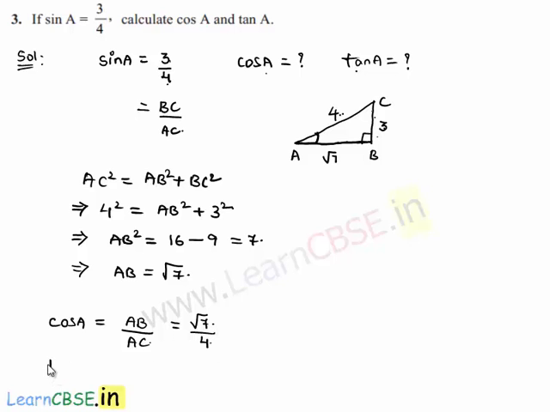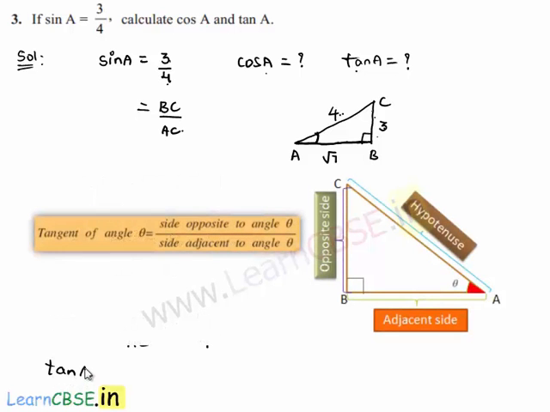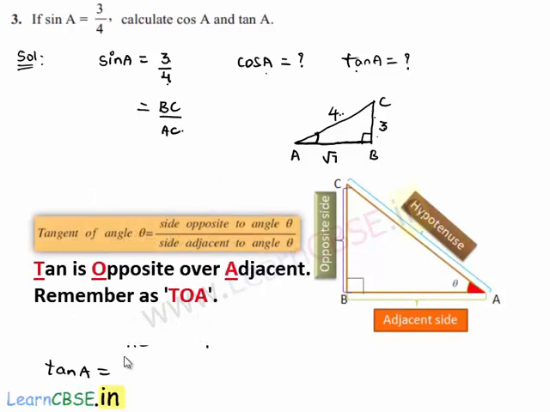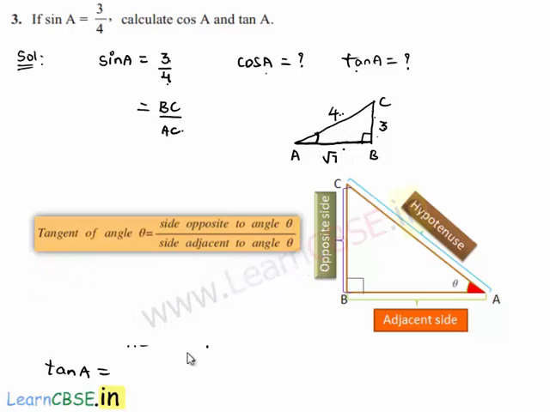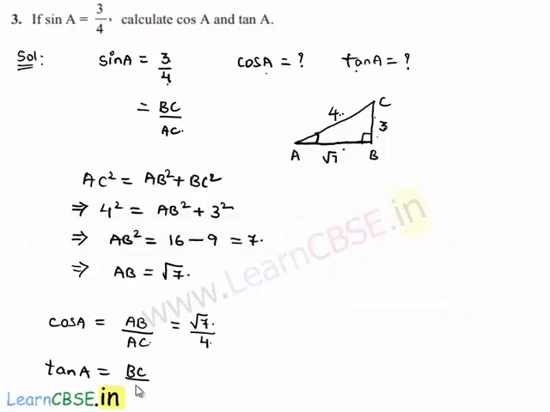And he also asked us to find the value of tan A. We know that tan of an angle is its opposite side by adjacent side. Here the opposite side to angle A is BC, by the adjacent side to angle A, which is AB, which is equal to 3 by root 7.